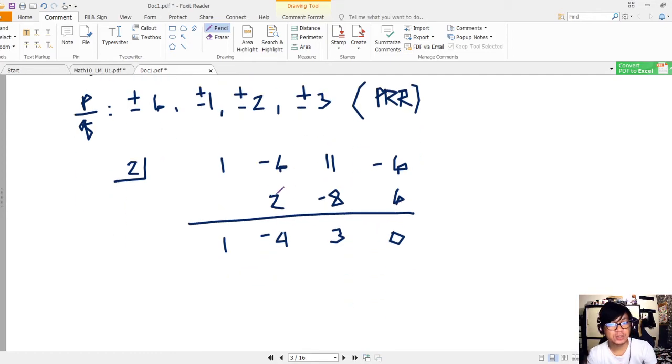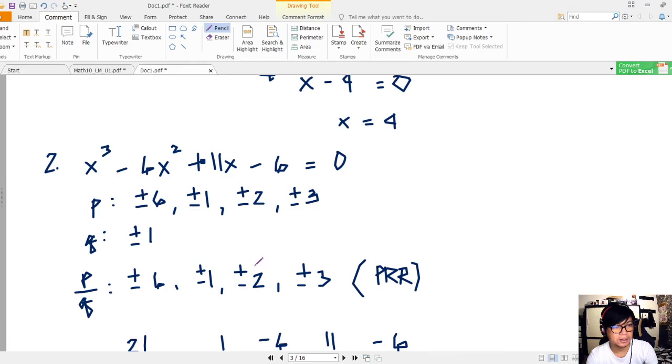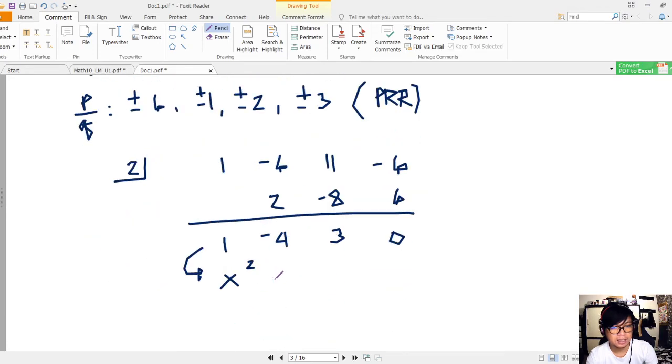Next, para medyo lumiit yung ating equation, i-depress equation natin siya. So, this will become x squared na siya kasi cube man yun doon, di ba? So, x squared minus 4x plus 3 is equal to 0.